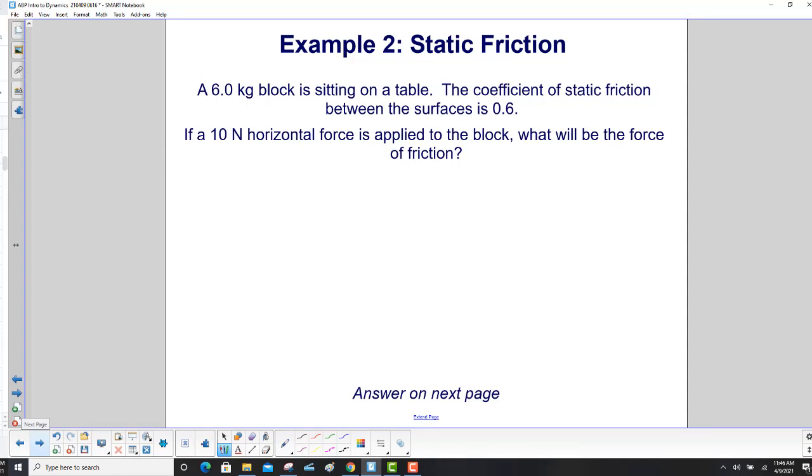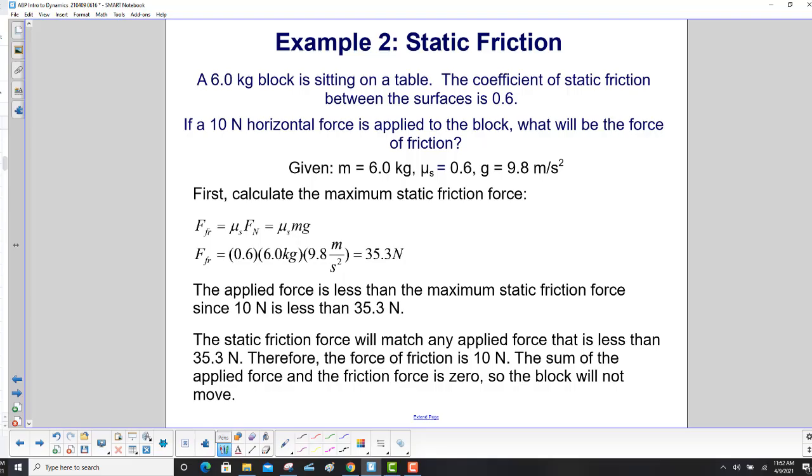A 6 kilogram block is sitting on a table. The coefficient of static friction between the surfaces is 0.6. If a 10 newton horizontal force is applied to the block, what will be the force of friction? First, calculate the maximum static friction force. That will be μs times normal, which is μs times mg. And we have the mass, we have the acceleration due to gravity, so our maximum static friction force is 35.3 newtons.